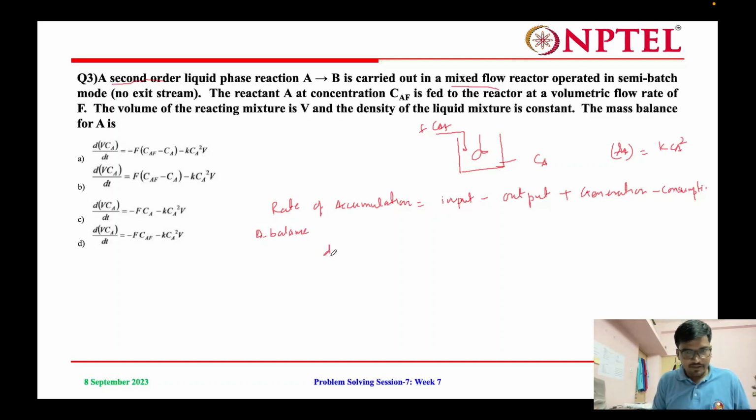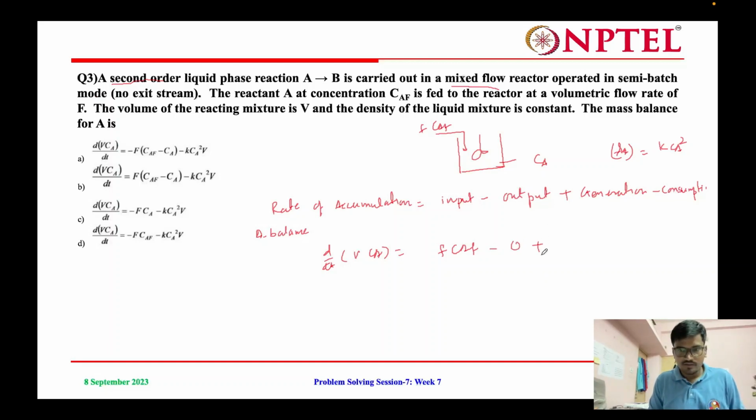So d/dt of VC_A, where V is the volume and C the concentration. Now the input is F C_Af. Check the unit. There is no existence of output, so it means zero.